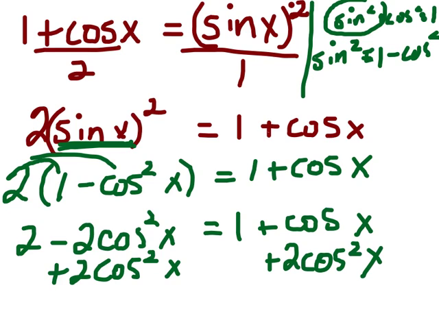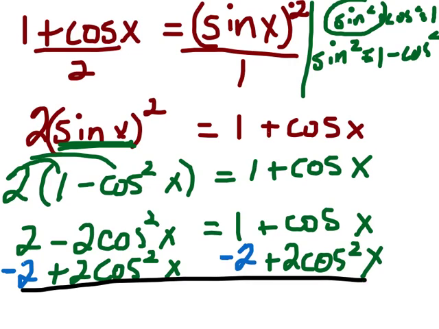Okay. And while I'm at it, let me go ahead and move the 2 over also. And I'll have 0 on the left-hand side, so I'm going to subtract 2 from each side also. I'm just moving both terms to the other side. Okay. Now, that's 0, so they really all add up to 0.